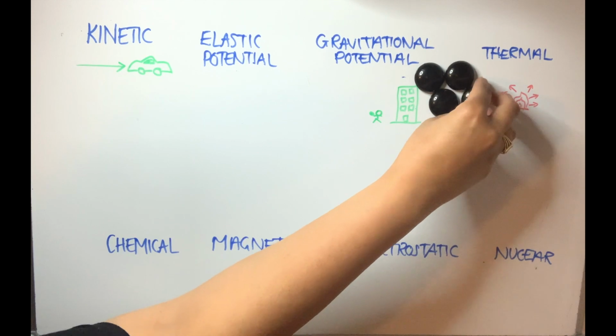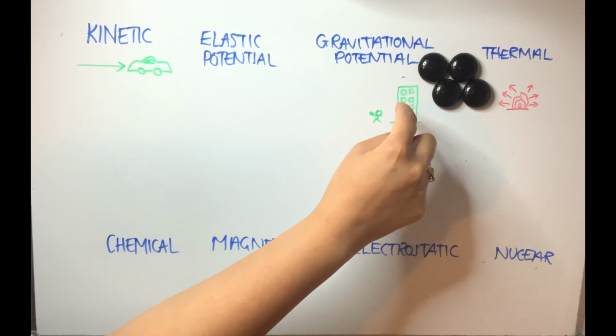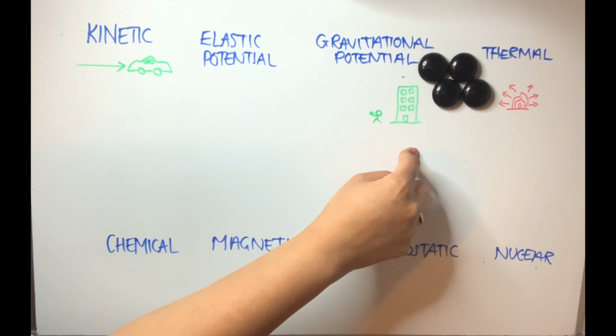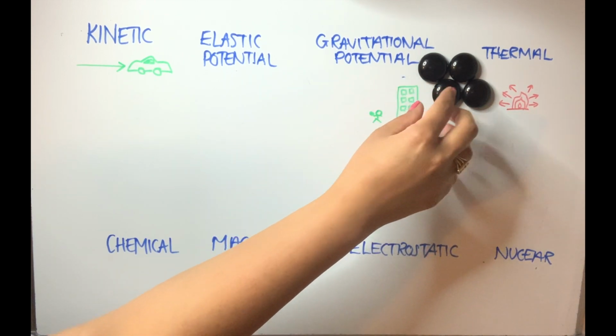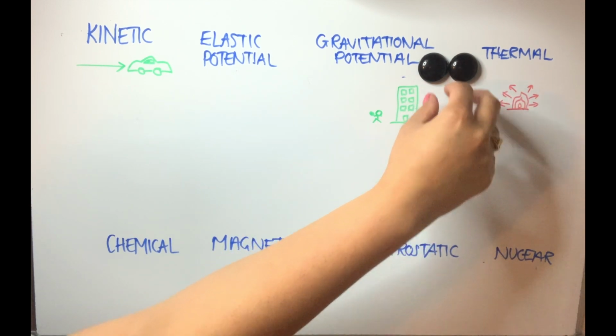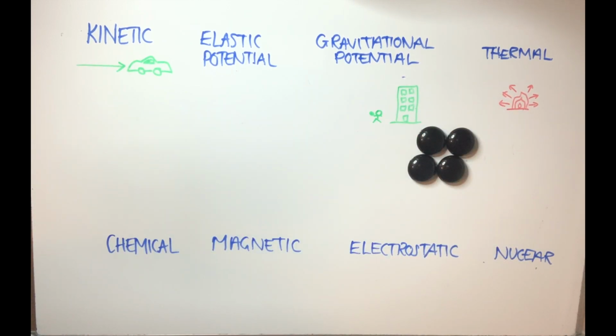When we get to the top of the building, the energy has been transferred into gravitational potential energy. If the ball is then dropped from the top of the building, the gravitational potential energy will then, as it's moving down, get transferred into the kinetic energy store. So we're not creating or destroying energy, we're just transferring energies from one store to another.